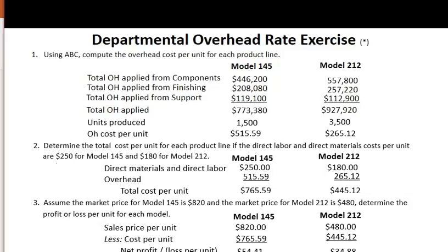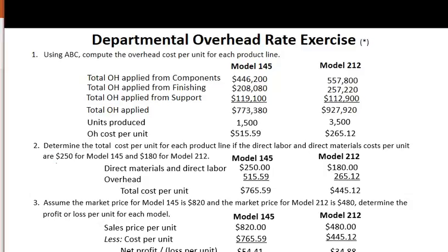$34.88. So what you can see is that I made a fairly significant profit on model 145 using the single rate or departmental allocation. But when I cost it out based upon activity-based costing, based upon the activities used by model 145, the net profit now goes down to $54.41.